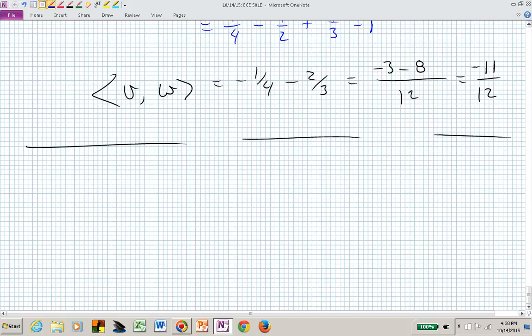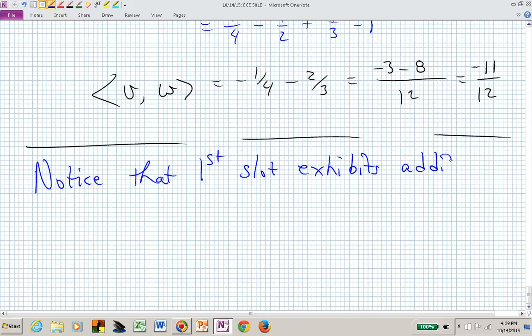We needed our linear map to have an additivity property and a homogeneity property, and we've actually imposed those on the first slot of our inner product, which means that the first slot in our inner product set of rules exhibits additivity and homogeneity. And those are the two properties we need for a linear map.